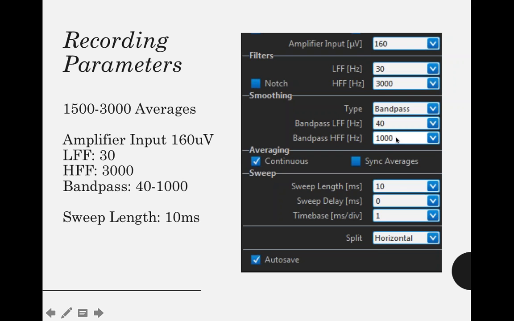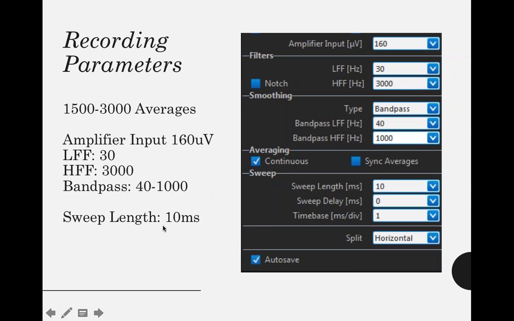You can increase this number if you need to, but I like to have a nice smooth looking waveform. If you have to increase this, you absolutely can. You can open the smoothing filter to the limit of your actual high frequency filter, and that is going to be at your discretion based on how the signal appears. If it is noisy and there's a lot of squiggly lines inside of the waveforms, maybe you want to lower your bandpass so that you just look at the bigger picture.